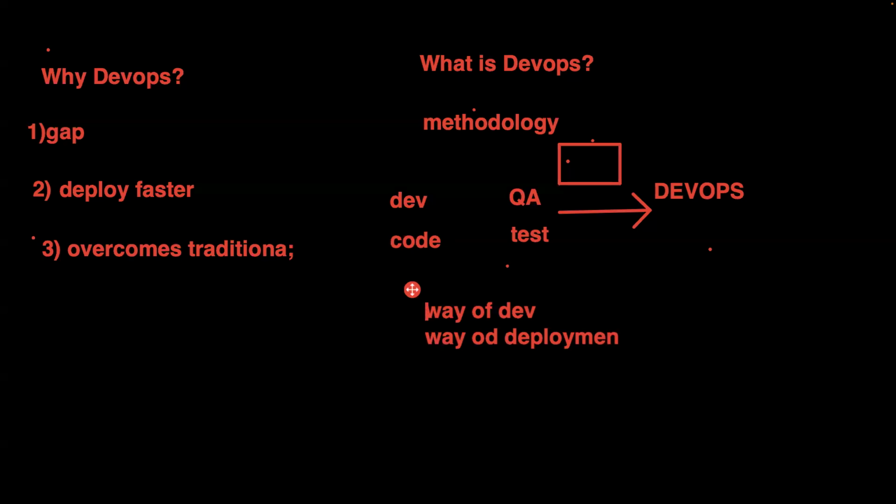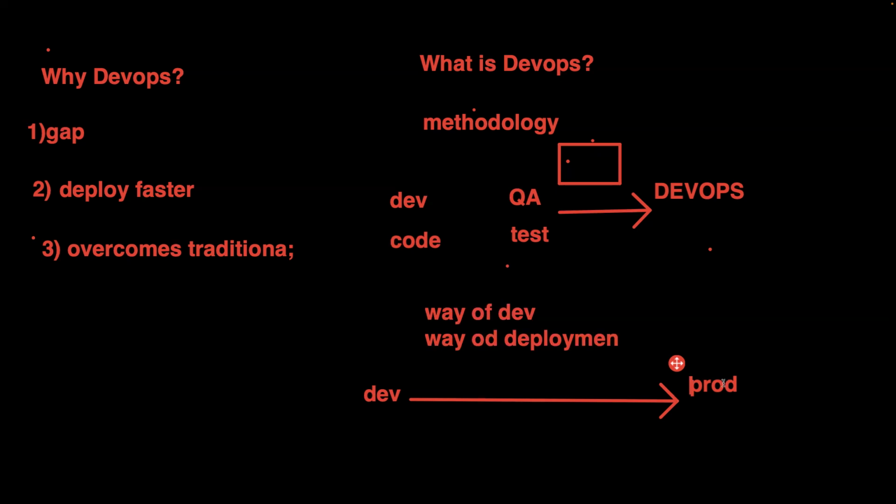Once the code is ready and tested, they hand it over to the DevOps team. The DevOps team takes care of automating it and deploying to all the environments up to production. In short, once the developer is ready with the code, it reaches the production servers automatically without manual intervention.